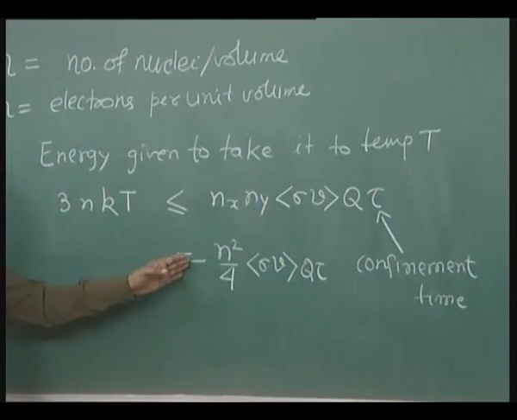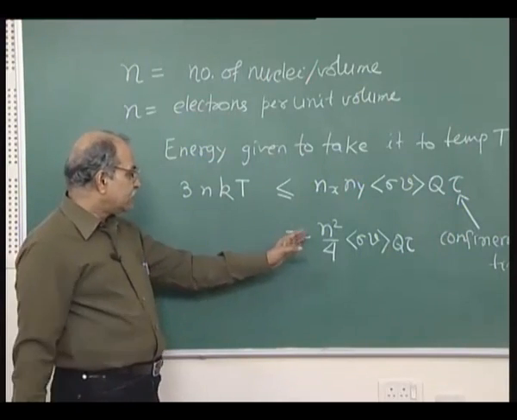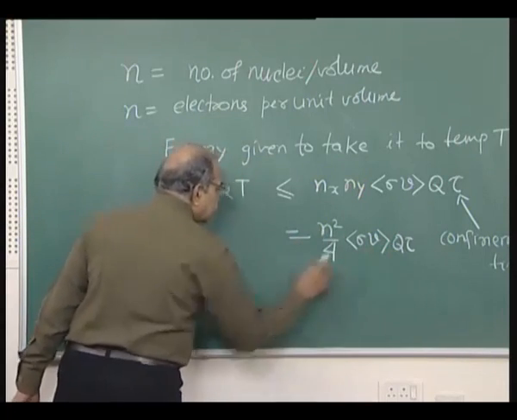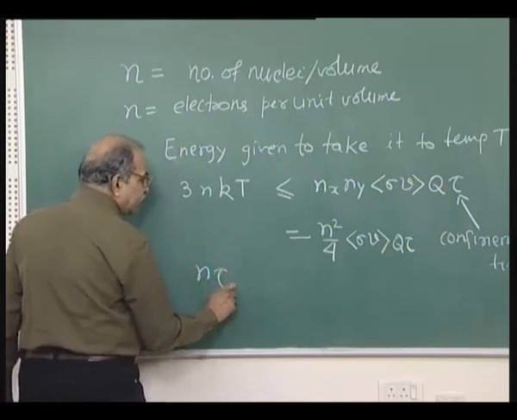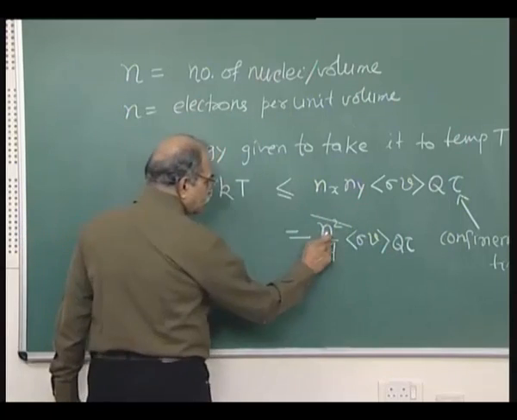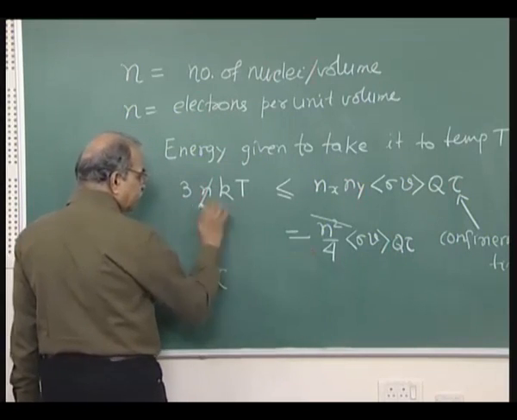So, if you take the equality sign, that is the threshold minimum that has to be maintained, then you can write n tau: this n cancels with the square here, and n tau you can retain on this side, everything else you can transfer to the other side.